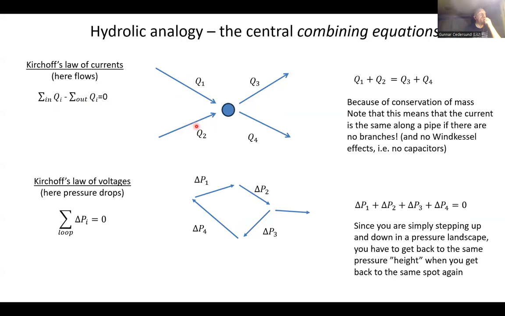So these two and these two have to have the same sum. And this is simply because it's either charged particles or it's blood particles, blood molecules, and they have to go somewhere. Because of conservation of mass, a charged particle doesn't disappear or appear. So you simply have to have this conservation.